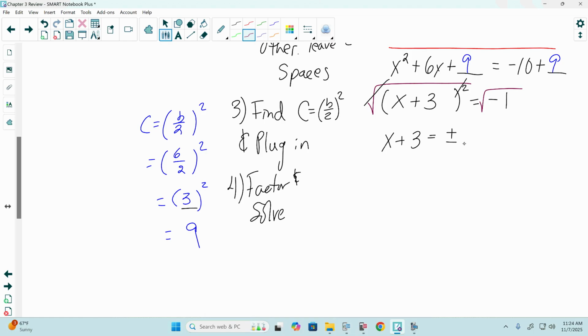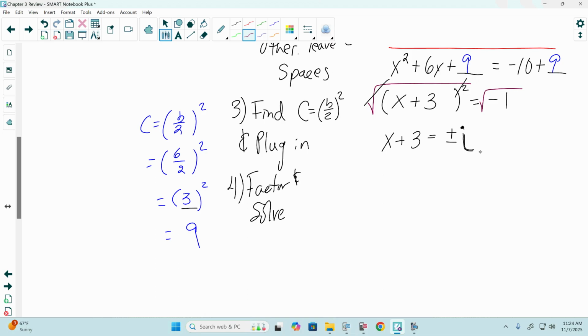Now we do need to simplify the square root of negative 1. Well, the square root of negative 1 by definition is i. Anytime we have a negative inside of a radical, you've got to bring that negative out as i. Then whatever's left over inside the radical, we can use the factors to simplify it from there. But the square root of 1 is just 1, telling us it's 1i, or just i.